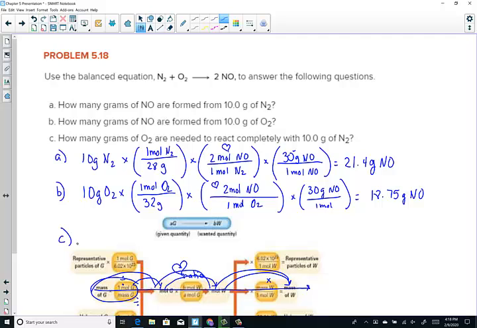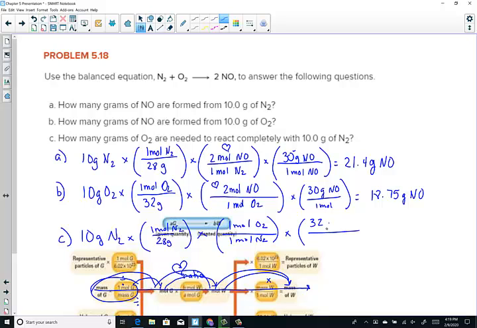Letter C. This time you started with 10 grams of nitrogen. Nitrogen with its molar mass of 28. We want to know oxygen. Its coefficient is a 1, just like the mole of nitrogen, a 1-to-1 stoichiometric ratio.